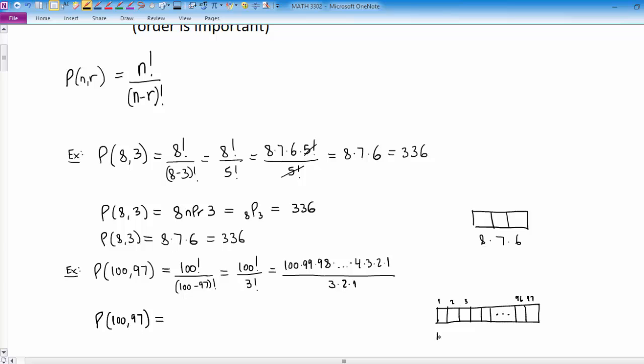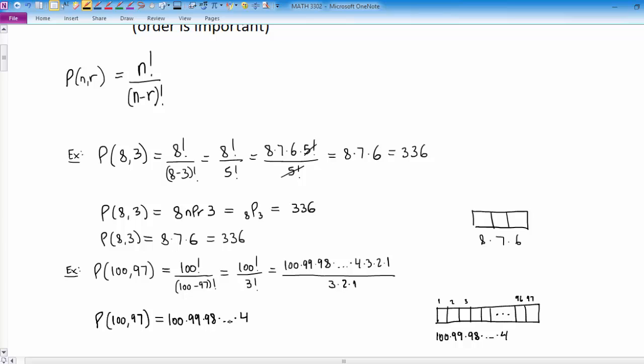So the first book, you have 100 possibilities. The second book, you have 99, 98. And this will go until you have 97 of these numbers multiplying. So it's going to end up at times 4. 100 times 99 times 98 all the way to 4.